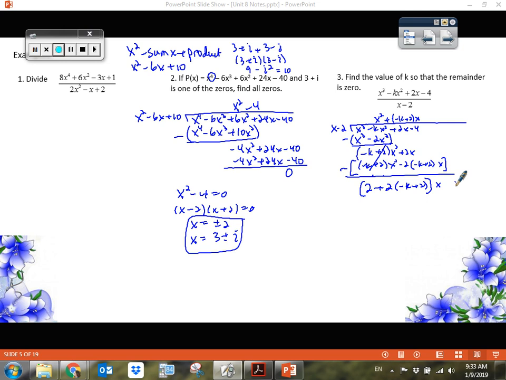Let's do that again. I had 2 minus negative 2, so 2 plus 2 times that mess, and that's x. I'm just subtracting the coefficients. I know that looks like a big mess, but that's all I'm doing. Then I bring down the negative 4.